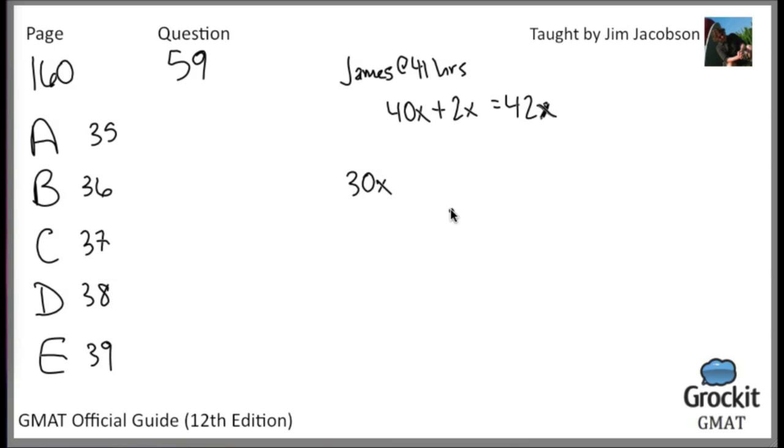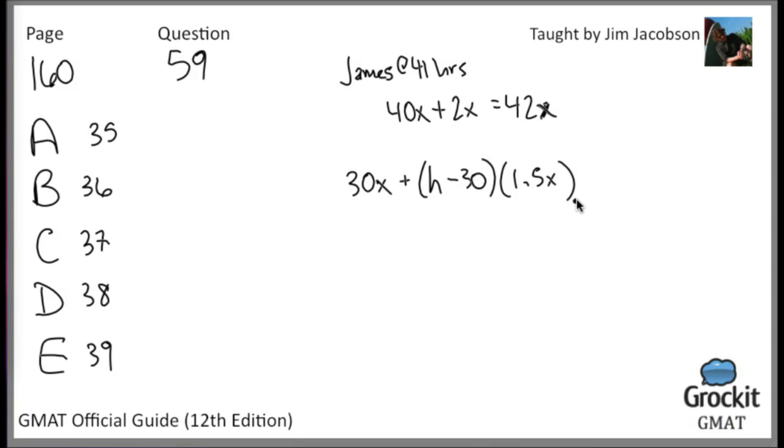So he's going to make 30x, and we're going to add that to 1.5x times however many hours he actually worked minus 30, because the total number of hours that he worked minus 30 represents the hours in excess of 30 where he earns his overtime rate of 1.5x.